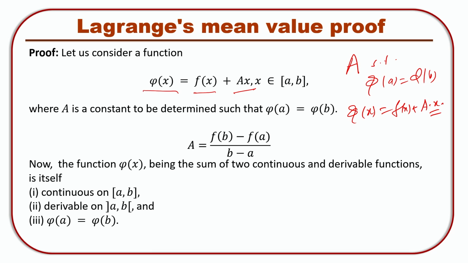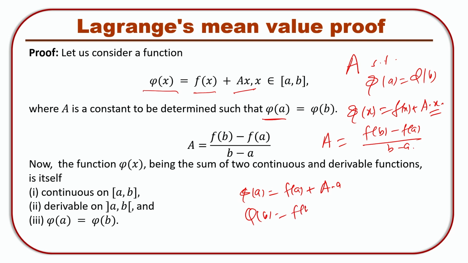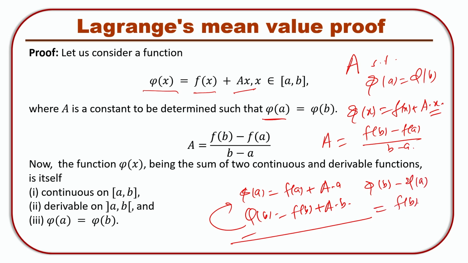So, A can be written as f(b) minus f(a) divided by b minus a, because we have said that phi(a) equals phi(b). Phi(a) is equal to f(a) plus A times a, and phi(b) is equal to f(b) plus A times b. Subtracting, phi(b) minus phi(a) is equal to f(b) minus f(a) plus A times (b minus a).